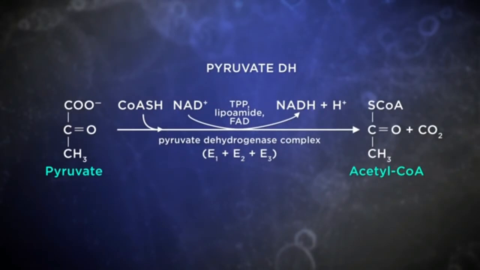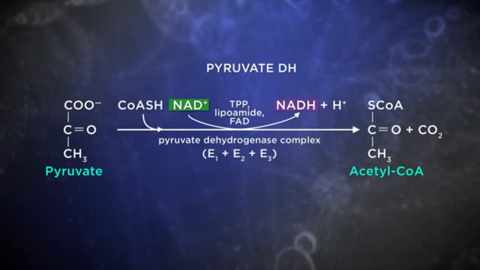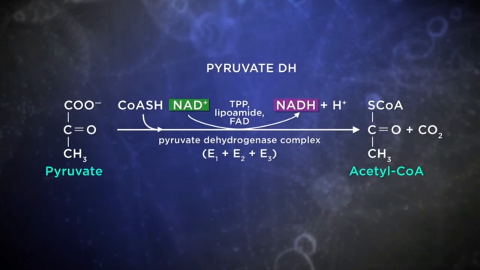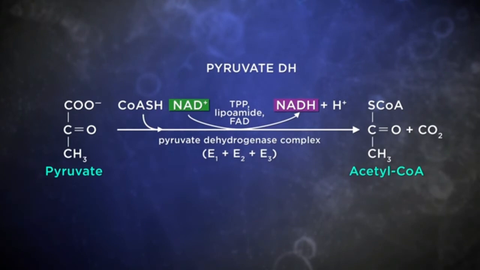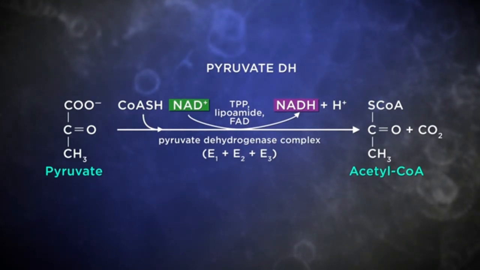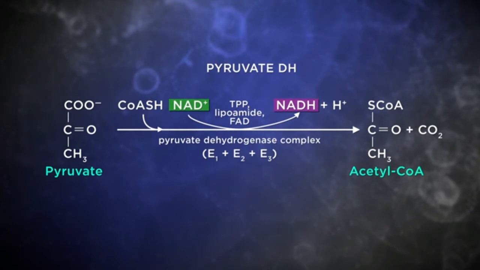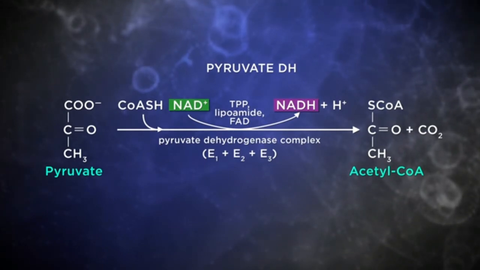You might wonder what happened to the positively charged NAD+ to make it become the neutrally charged NADH. Well, that's because in cellular oxidations, electrons move in pairs. Thus, NAD+ gains 2 minus charges and 1 positive charge in the H+, to go from NAD+ to the neutrally charged NADH.